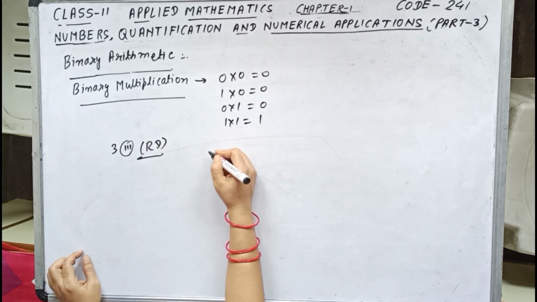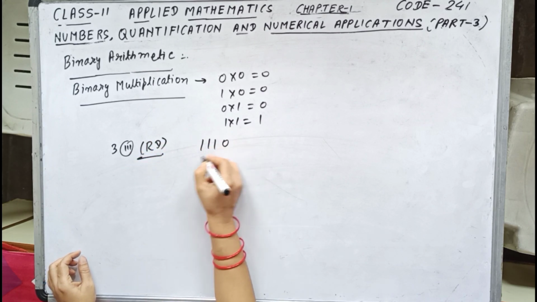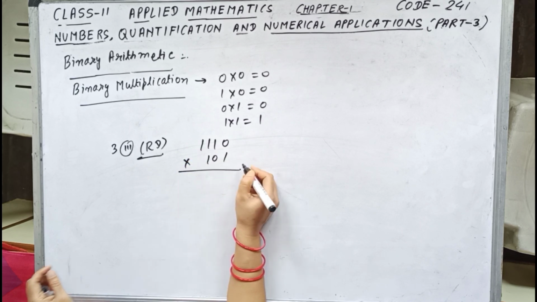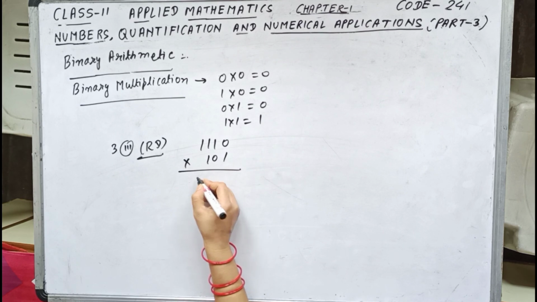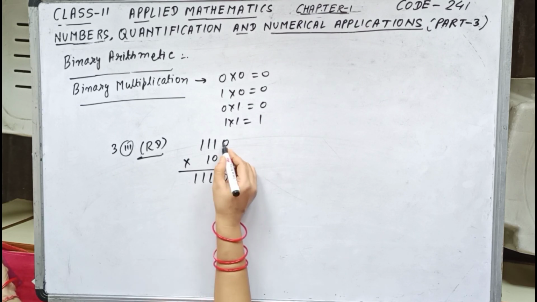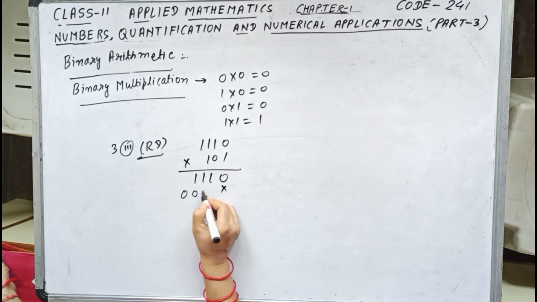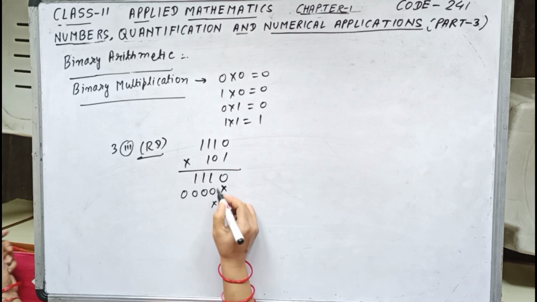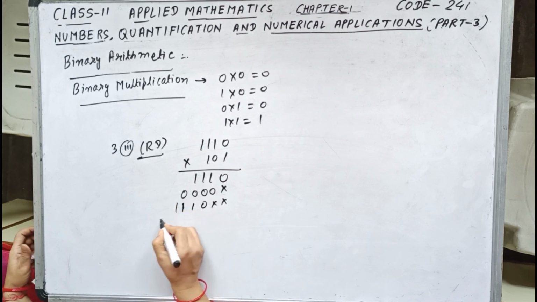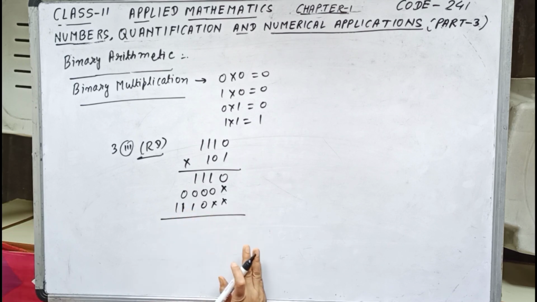I am taking 1, 1, 1, 0 into 1, 0, 1. So with 1 I have to multiply, so same number copied. With 0 I have to multiply, 1, 2, 3, 4. With 1 I have to multiply, same number copied. Now addition properly, okay. So this is 0.